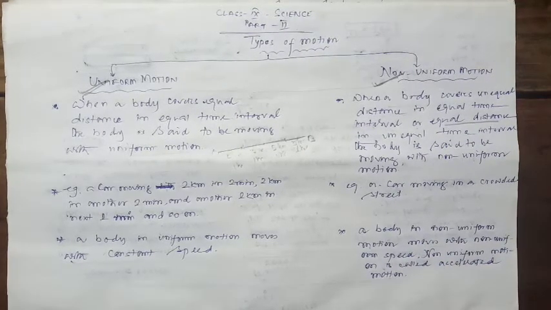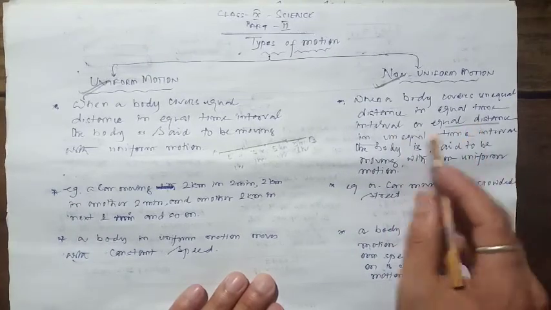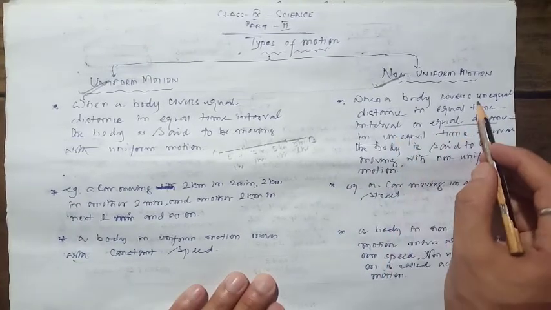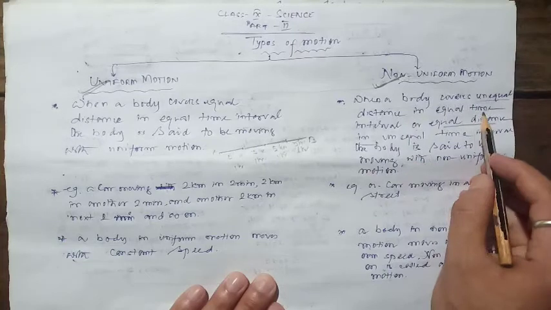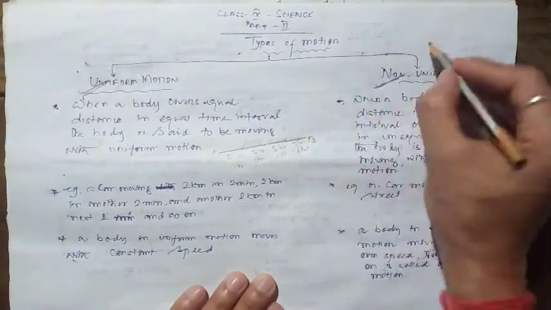If the body moves like this, the body is said to be moving uniformly, or in uniform motion. Now here, when a body covers unequal distance in equal time interval, or equal distance in unequal time interval. Let's take an example.